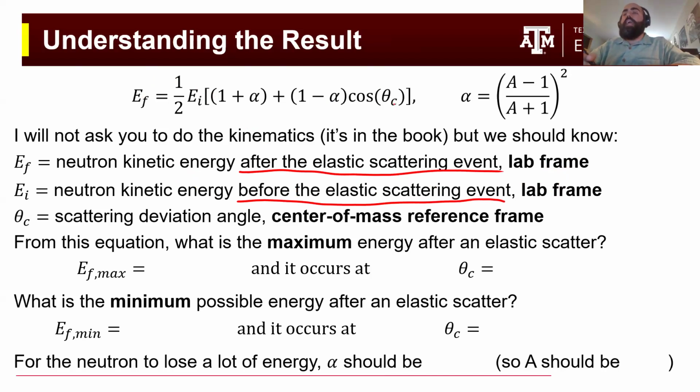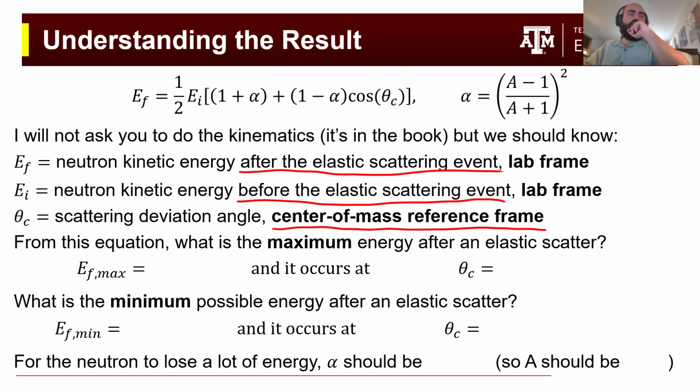Then this theta angle, the deviation angle, is defined in the center of mass frame. Ultimately that's okay for us, because these theta values are going to come from experiments, and those experiments are already done in a center of mass frame. So we take the experimental value for theta c, and then we use our own lab values for EI and EF, and everybody's happy.